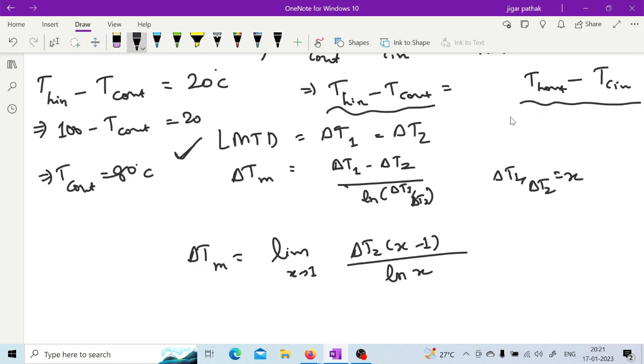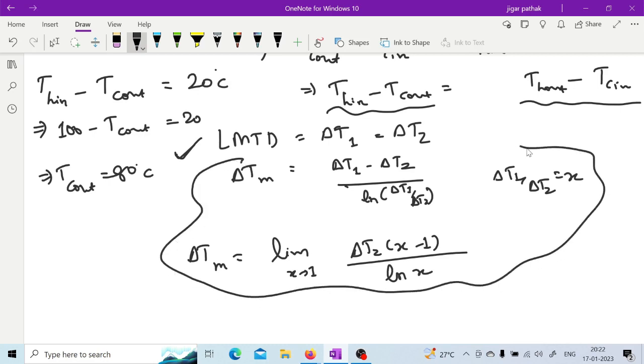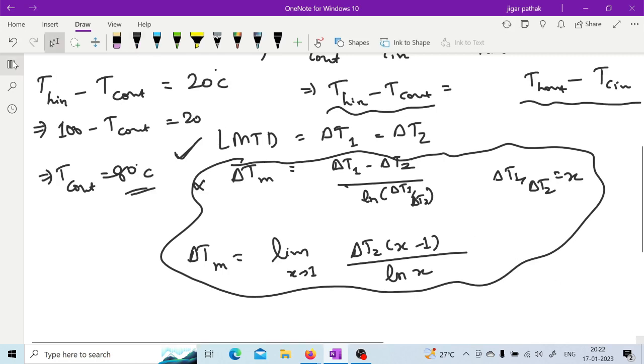Delta T1 is equal to delta T2. I guess you can skip this, because as you have already derived that delta T1 is equal to delta T2, from this only you can directly get the answer. Yes or no? Yes, sir.